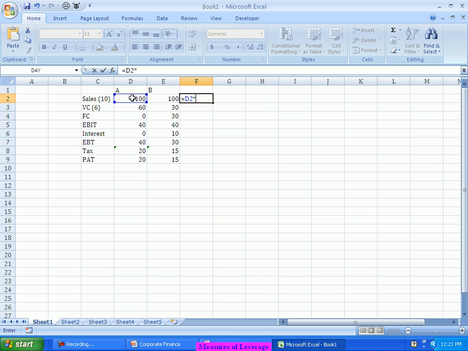The sales will increase to 110. Even for this company, it will increase to 110. And because the sales have gone up by 10%, I am assuming that the variable cost also is going up by 10%. Okay. So these two have gone up like this.